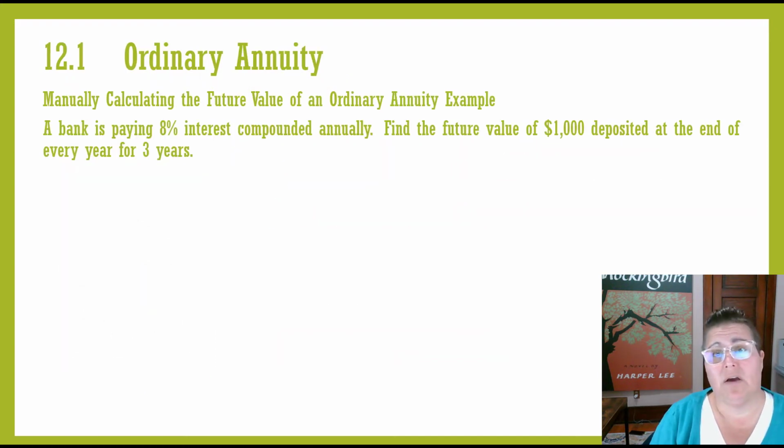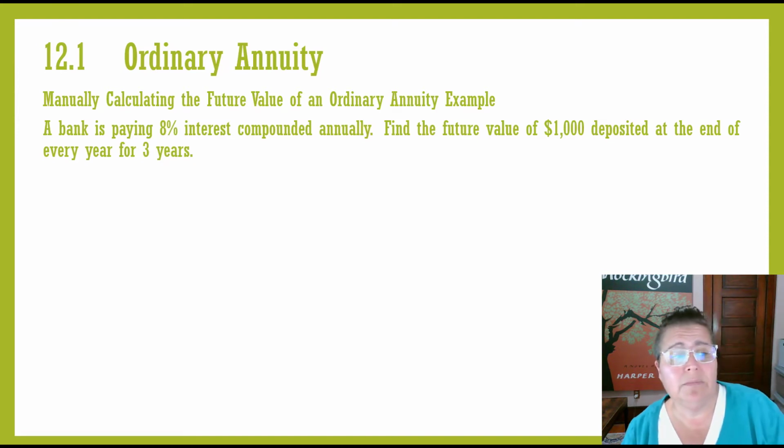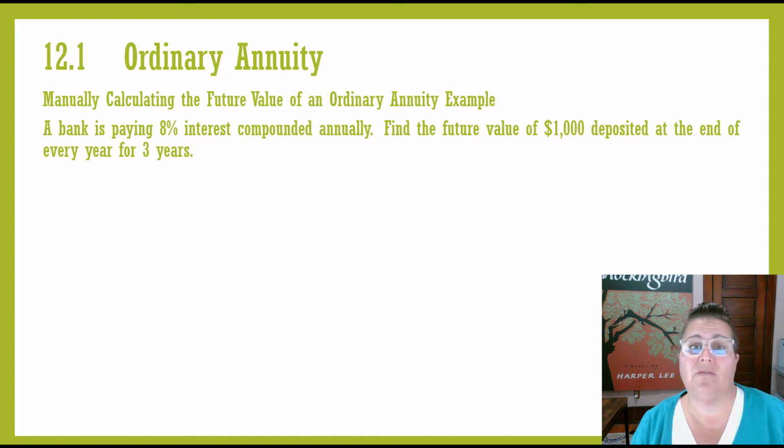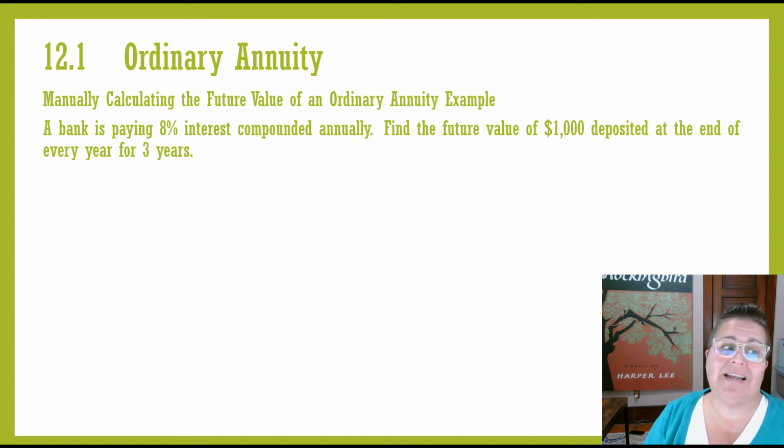We're going to do a manual calculation of an ordinary annuity. Here's the information we have. The bank is paying 8% interest, and it's going to compound that interest annually. We're going to find the future value of $1,000 deposited at the end of every year for 3 years, right? So when we open this annuity at the beginning of year 1, we open it with $0 in it.